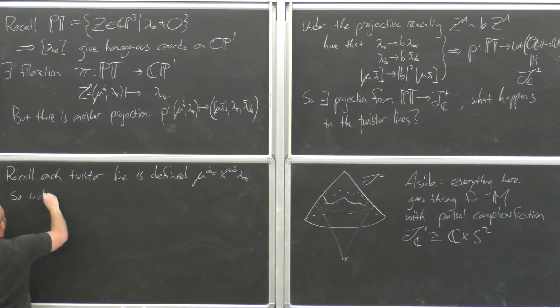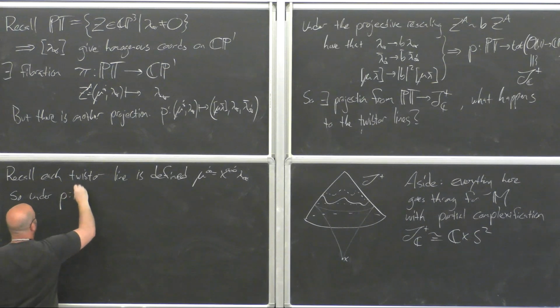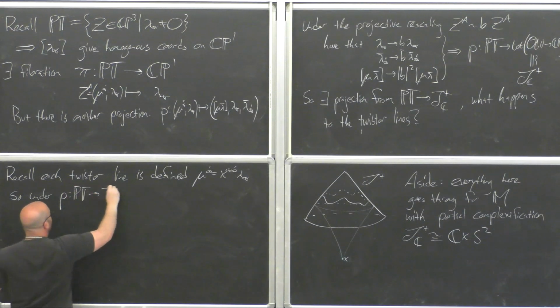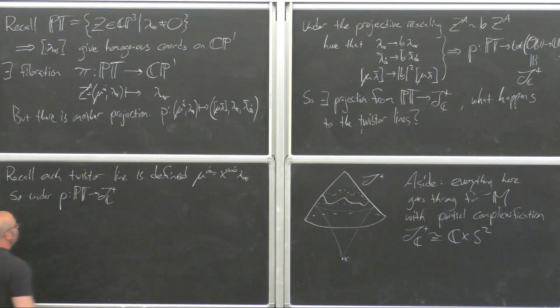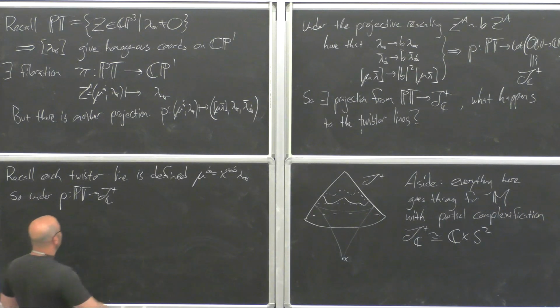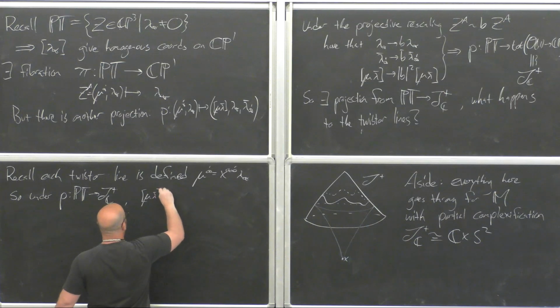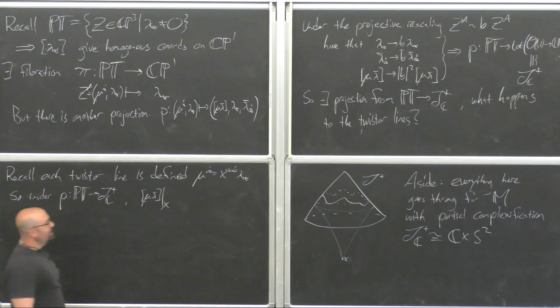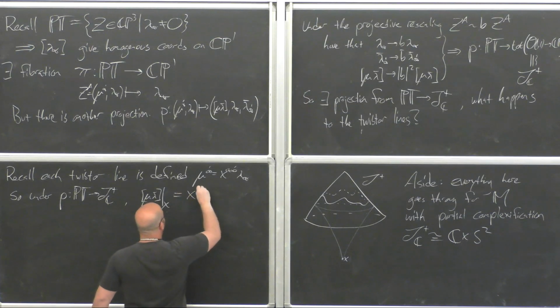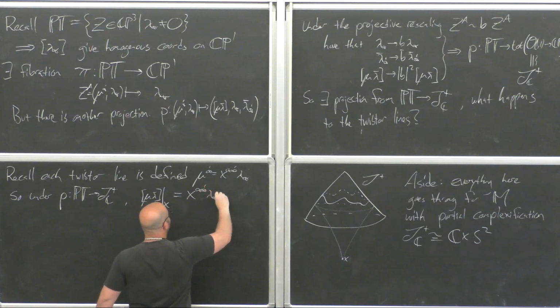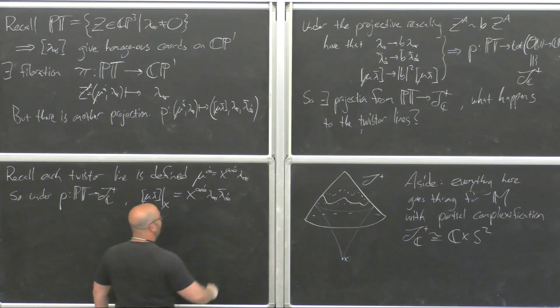So under this projection from Twistor space to the partial complexification of Scry, what happens? Well, we just need to keep track of what happens to mu lambda bar restricted to a Twistor line. And well, what do we get? We just get x alpha alpha dot lambda alpha lambda bar alpha dot.